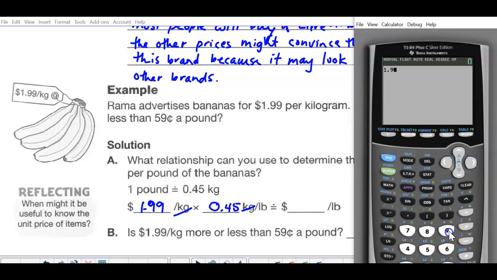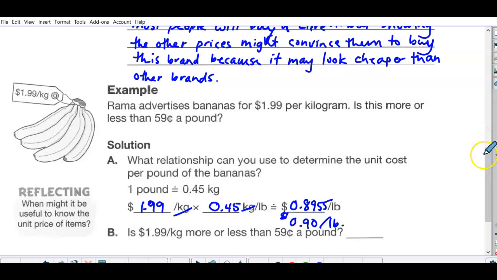So $1.99 times 0.45 is 0.8955. Now, that really rounds to 0.90, to the nearest cent per pound. Always when you're in the grocery store, we'll talk about this in the other unit, but in a kilogram, there's about 2.2 pounds.